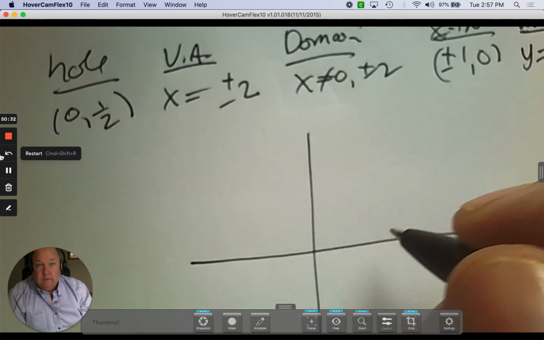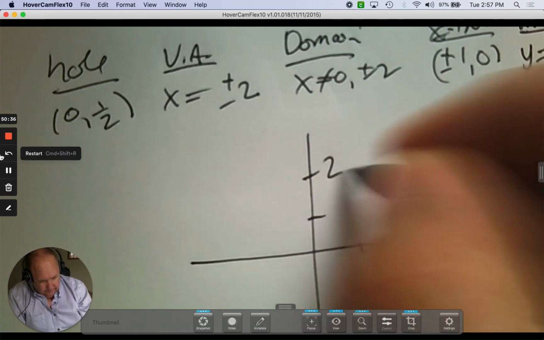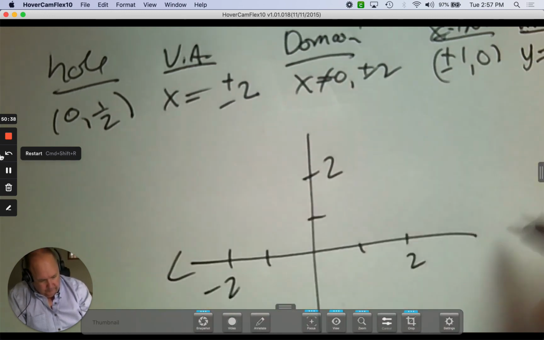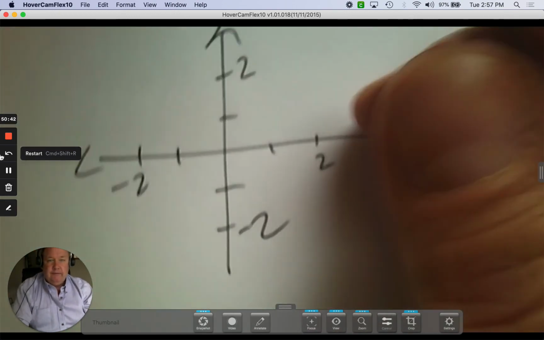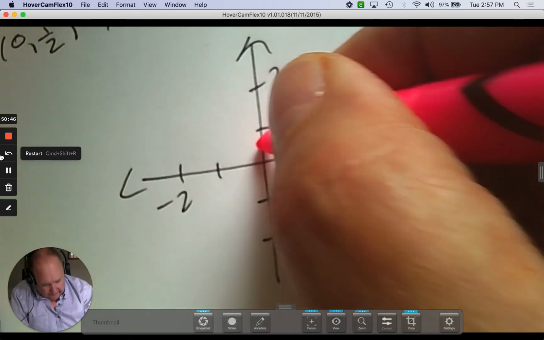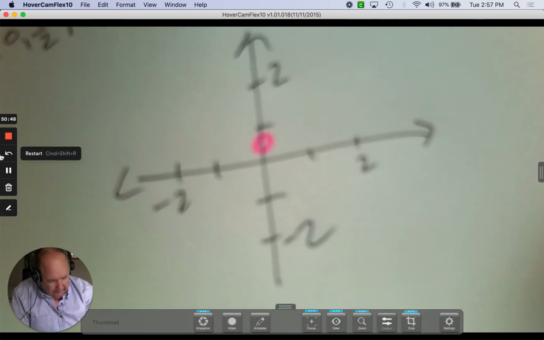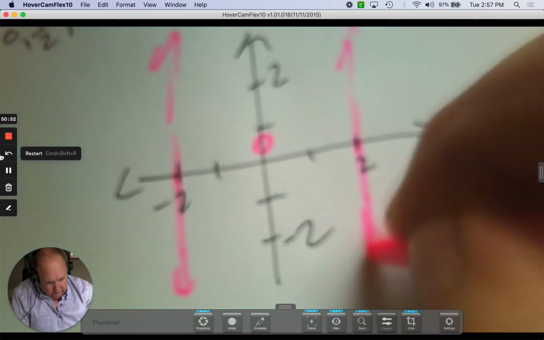And now finish the graph. So we have a hole at 0 and 1/2. We have an asymptote at -2 and +2.